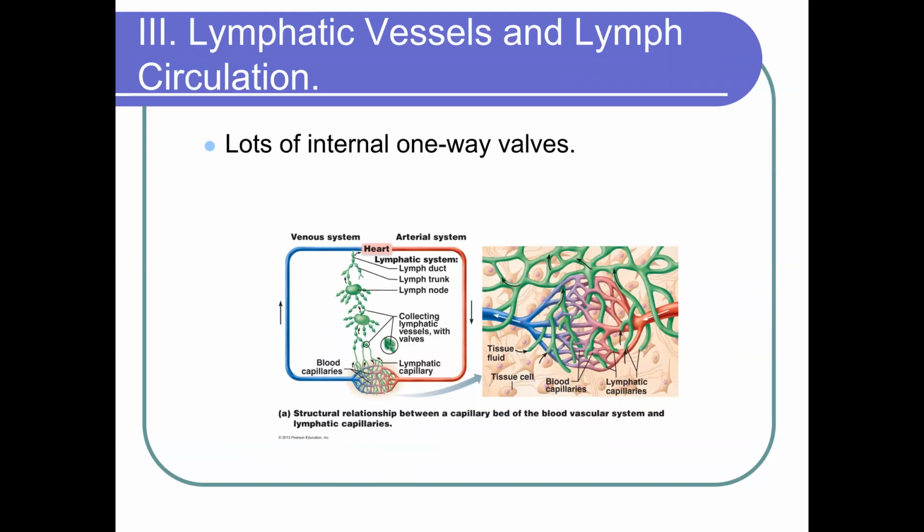Remember, in the vascular system, once we got to the venous side, we had valves because we had a very low pressure system. Well, this is an even lower pressure system. Once we get fluid in there and get it moving up towards the heart, with the exception of the upper body, everything else is moving against gravity. So we have to have internal valves, just like in the venous system, to help with movement.